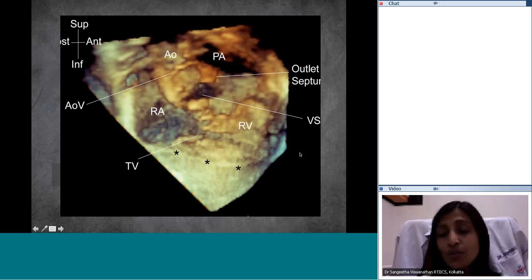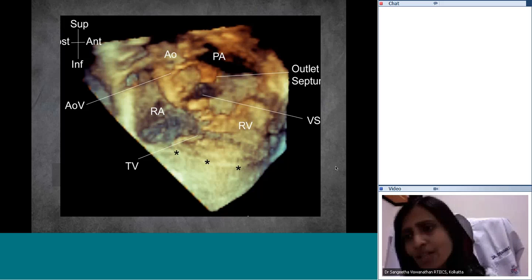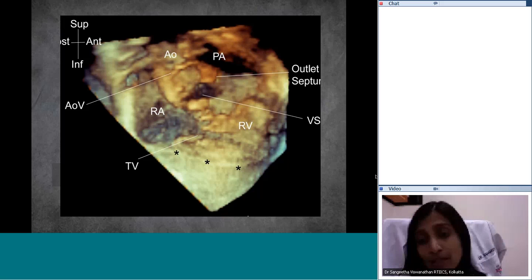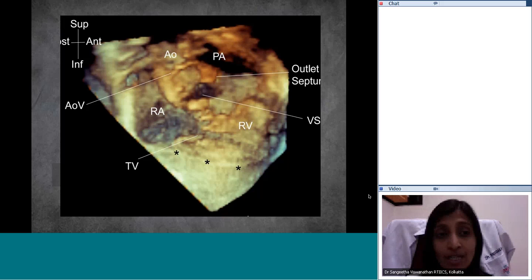So 3D is increasingly becoming a very useful tool, and very recently a paper has come out from Guy's Hospital just on this topic of 3D assessment of double outlet right ventricle. So it's worth a read for those of you who are keen to get into 3D echocardiography.